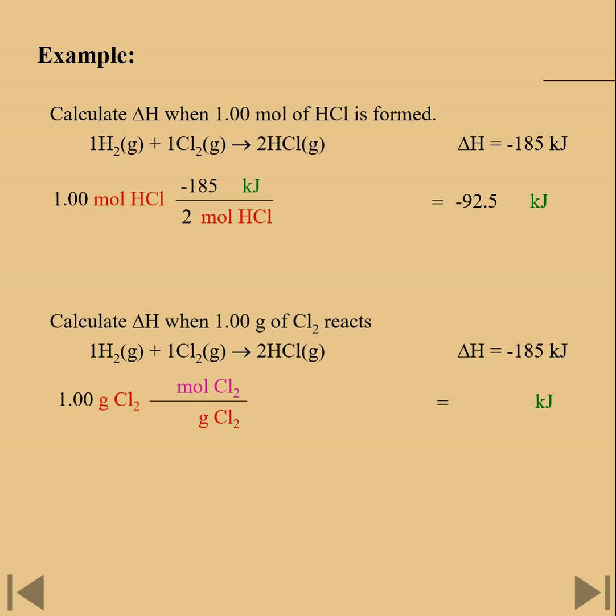So first into moles of chlorine, so that we can then go from moles of chlorine to kilojoules. Okay, chlorine, twice chlorine's molar mass, 70.9 grams per mole, and that's still negative 185 kilojoules per each mole of chlorine. And so only 2.61 kilojoules would be released from that 1 gram.